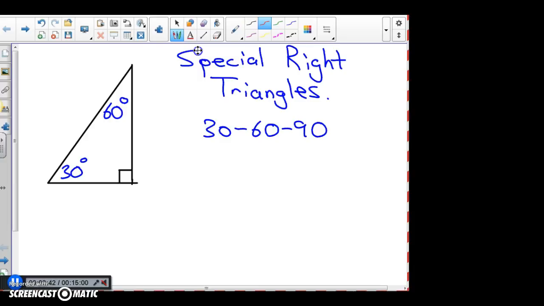Across from 30. Whenever I say across from an angle, I'm talking about a side. So opposite this 30-degree angle, I'm going to put a 1. Opposite the 60-degree angle, I'm going to put square root 3. And where the hypotenuse is, I'm going to put 2. These are the base ratios that exist.